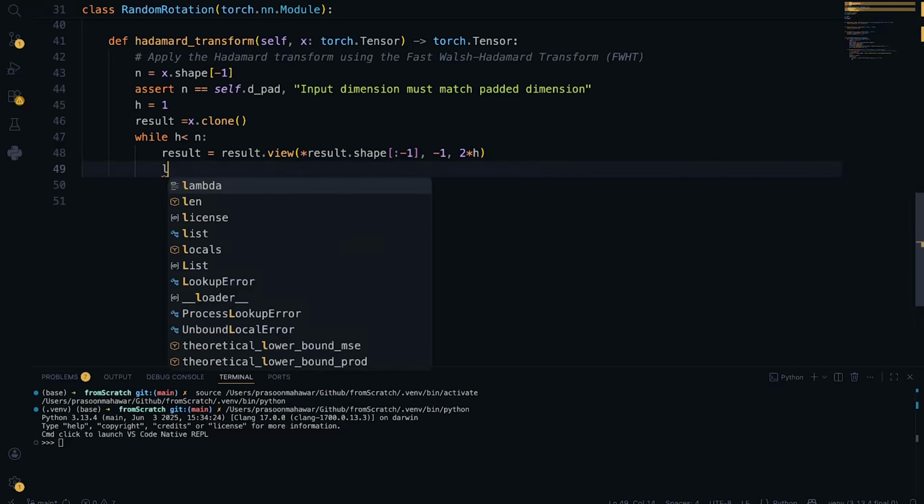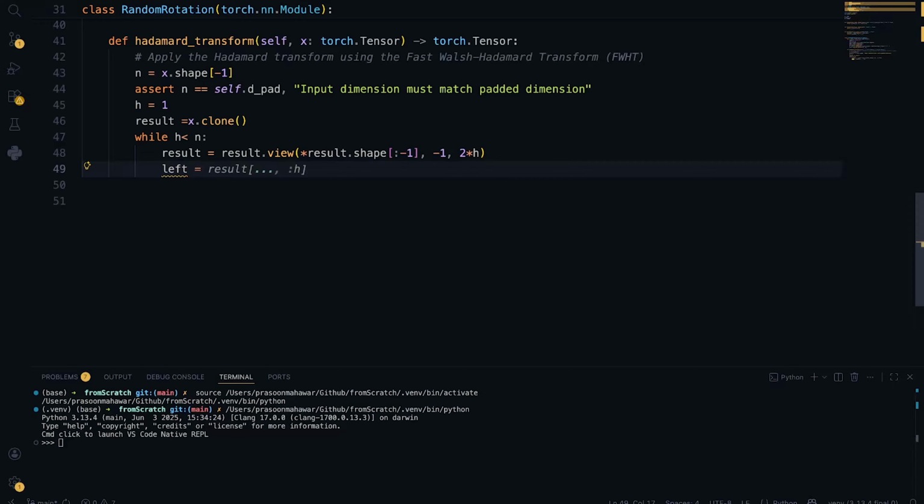And left will be equal to result up to h, we have to clone it, and the right will be the right side of it, okay, yeah, this is correct.